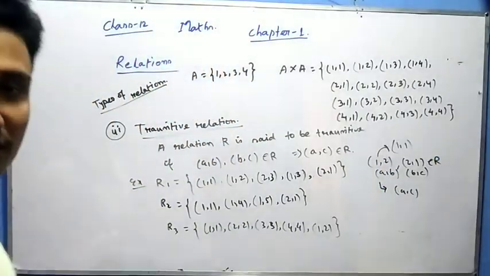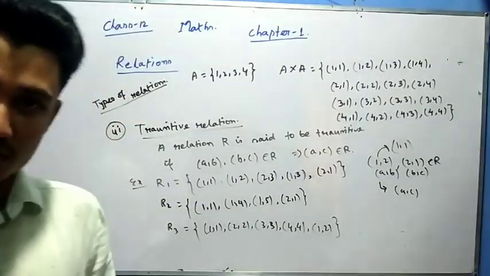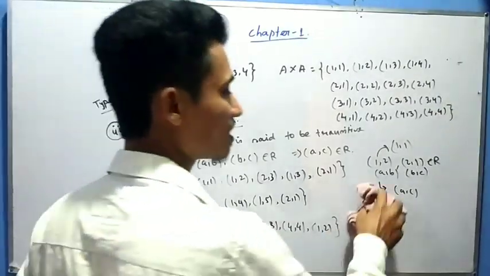So this type of relation is said to be transitive.